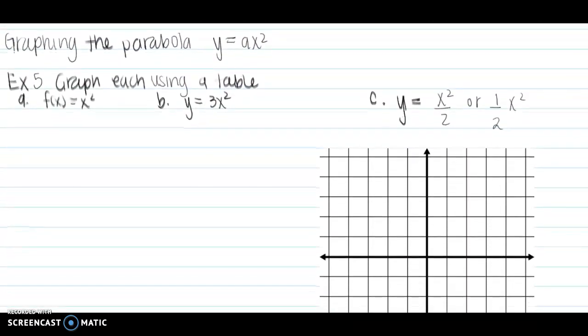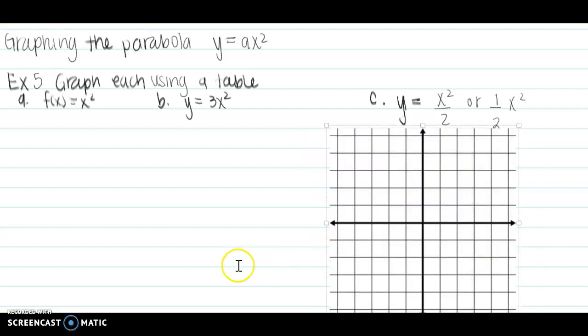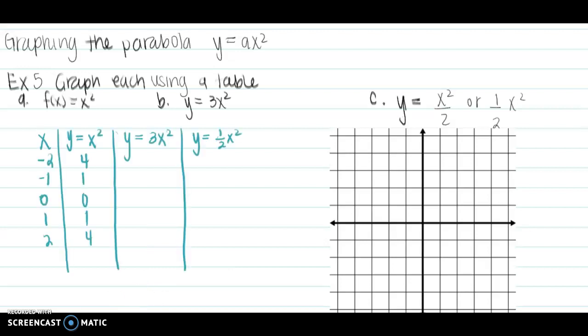We have graphing the parabola where we have y equals ax squared. And then we have 3 that we're going to go ahead and graph, and we're going to use a table. All right, so I went ahead and did the table for the parent function, which is y equals x squared here.